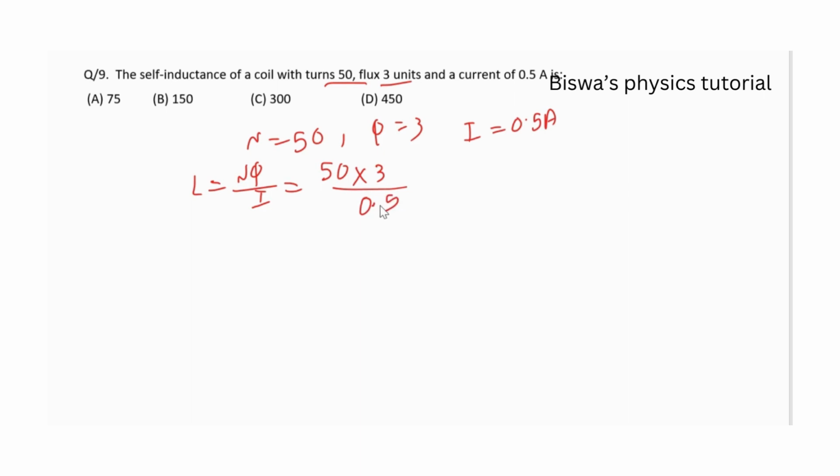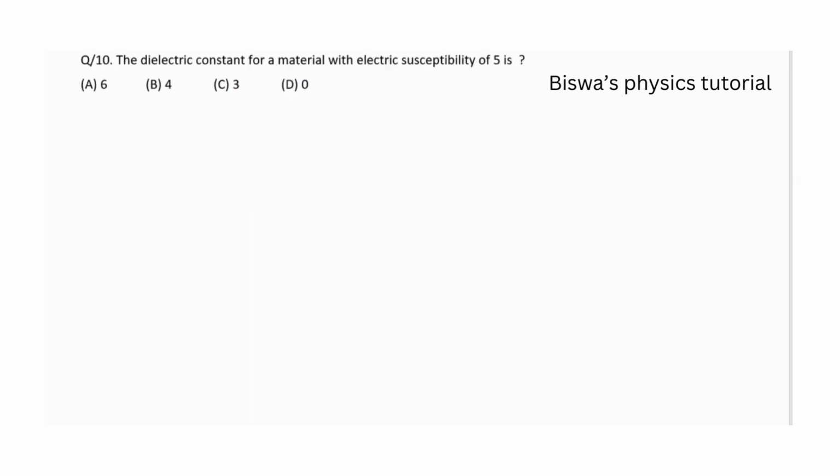We put all the values and calculate: 50 into 3 divided by 0.5, you will get 300. This is the answer, option C.